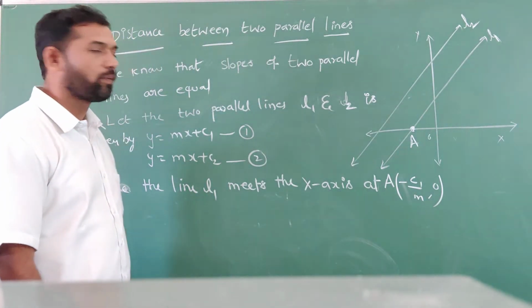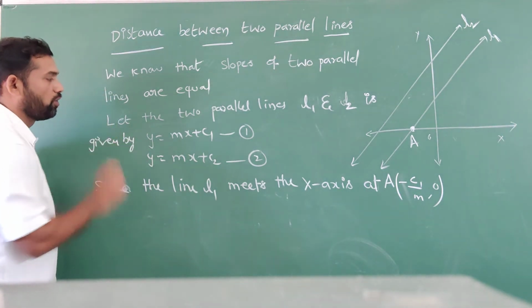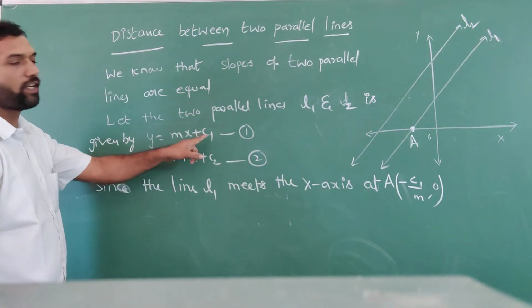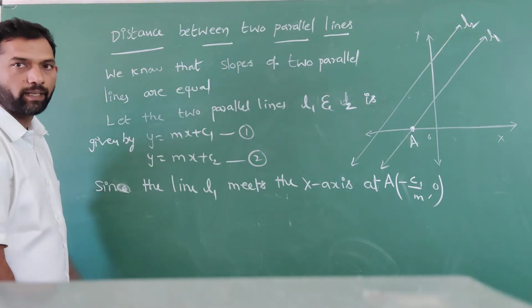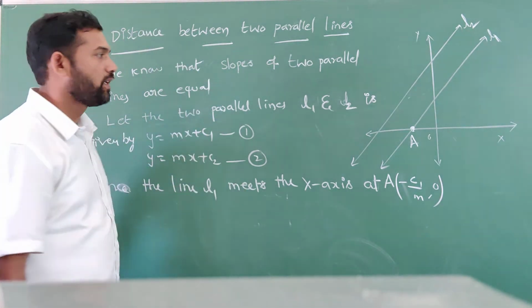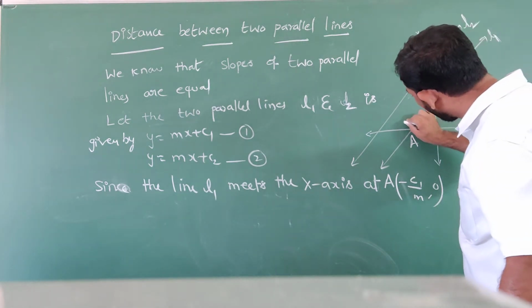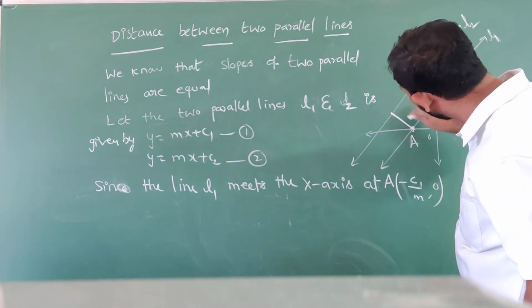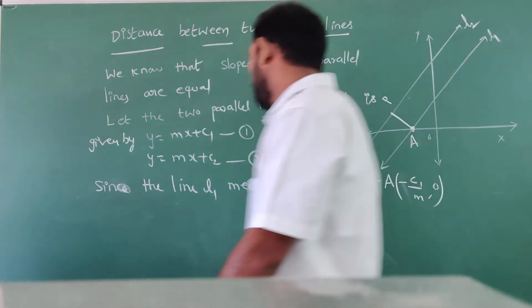How are you getting minus c1 by m? In equation number 1, you substitute y is equal to 0. So mx plus c1 is equal to 0, mx equal to minus c1, x is equal to minus c1 by m. That point meets the x-axis at point A. After that, from this point you draw one perpendicular line, that is AP.